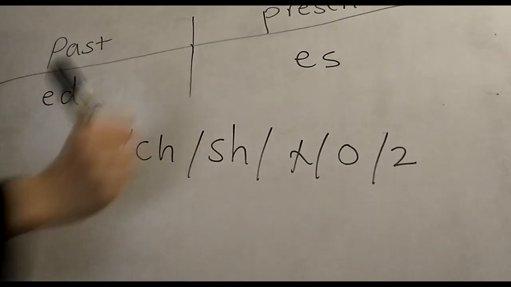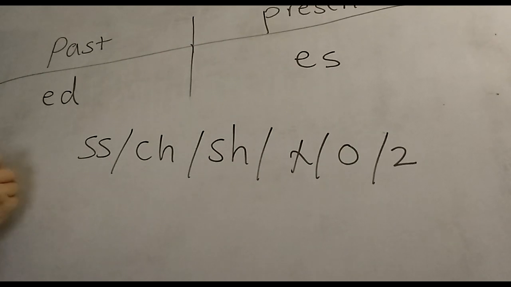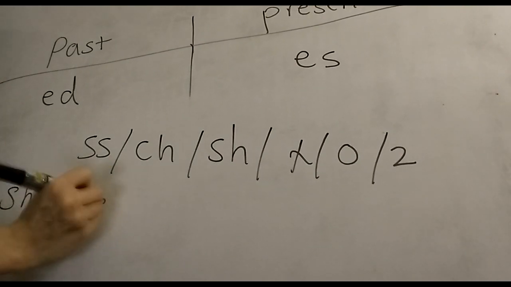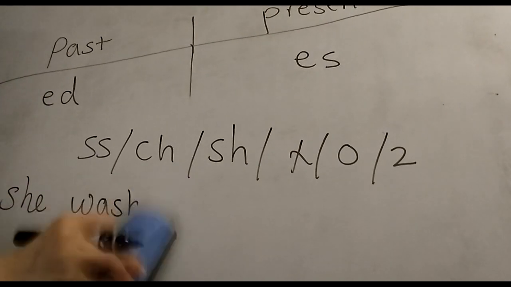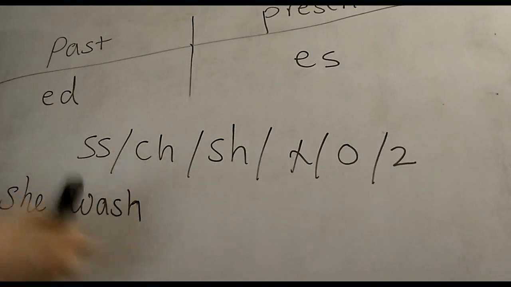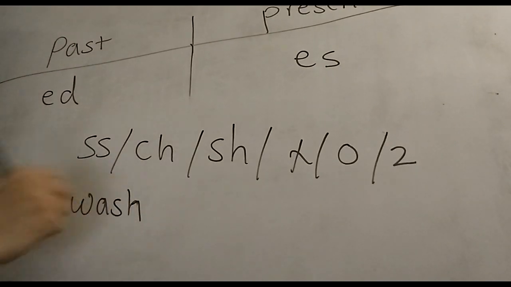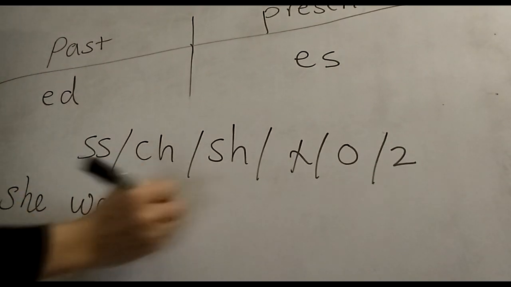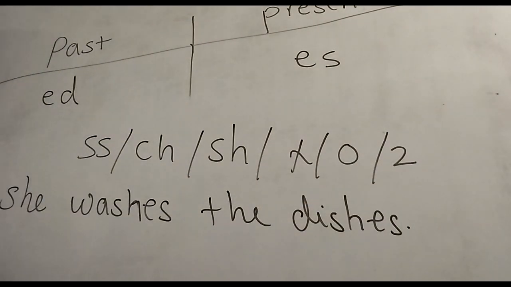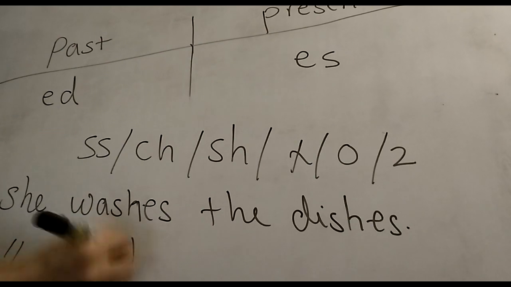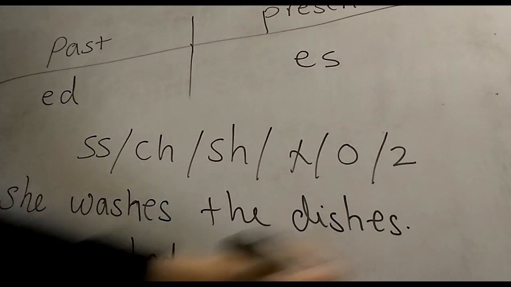So for example, if we are talking about something that happens all the time, we can say she washes the dishes. But if the situation is connected with the past tense, then we just say she washed the dishes.